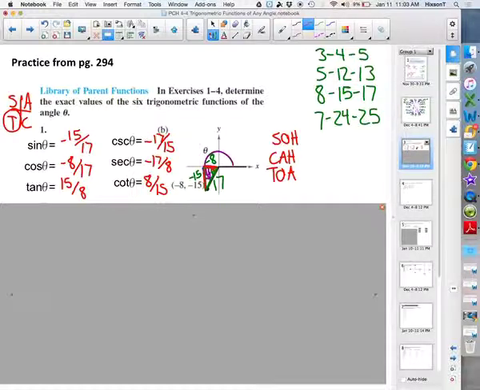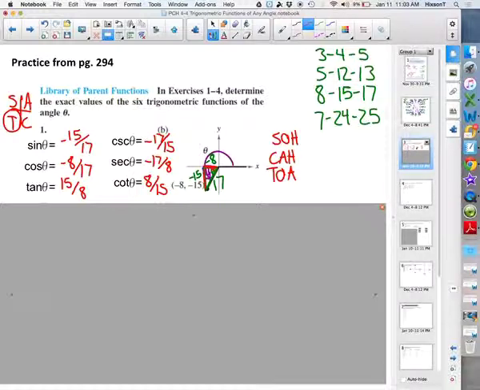So, any questions about those? Are the reciprocal functions always bigger than sine and cosine? Well, here's the thing, cosecant and secant will always be bigger because sine and cosine are always going to be from -1 to 1. So if you're flipping a fraction, you'll end up with something bigger than 1.